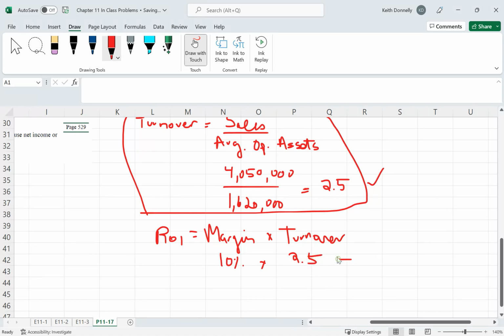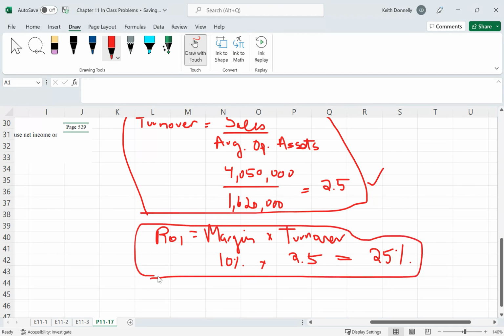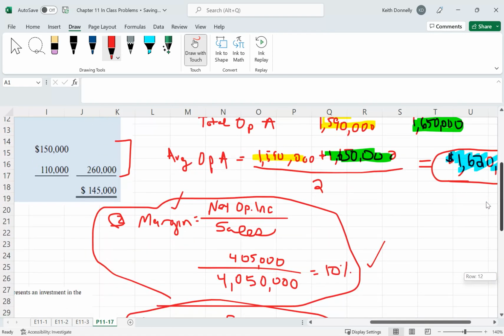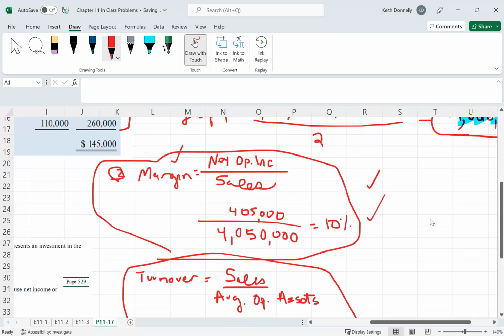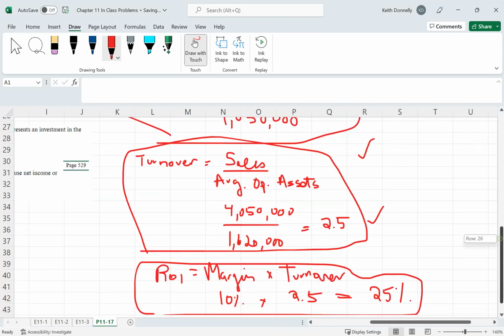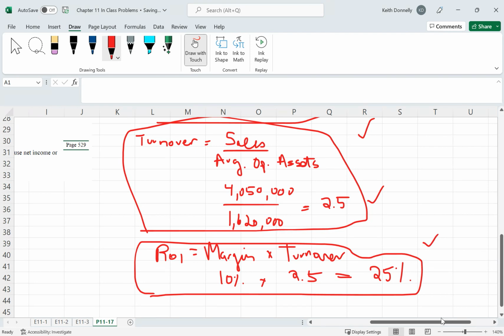So that's going to give us an ROI here of 25%. Okay, so take a minute, you can run through how we got that. We did our margin, then we did our turnover, then we did our ROI.